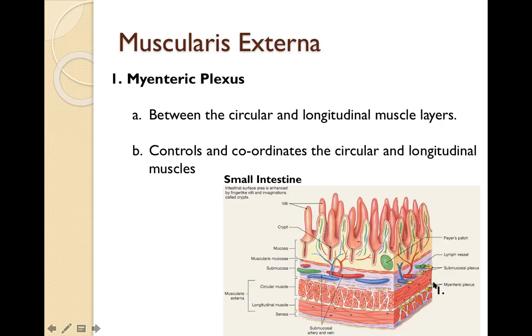And so the myenteric plexus gives control and gives nerve input to the muscles of the muscularis externa. So you can imagine that there would be little fibers that are going to the circular muscles and little fibers that are going to the longitudinal muscles. And when we talk about a nerve supplying something, the term that we use is innervate. It innervates those muscles, innervates.